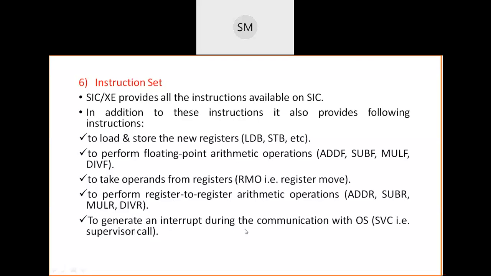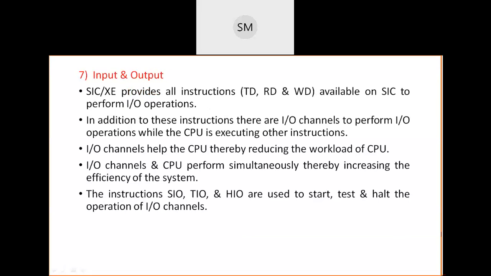Okay. Next topic is the last topic of SIC XC machine, input output operation. If you remember, in SIC we can perform input output operation by replacing the rightmost byte of register A. Every register is 24 bits in length, and 24 bits is nothing but 3 bytes.